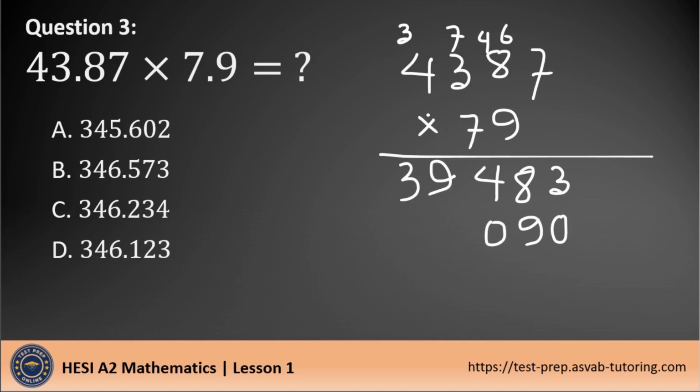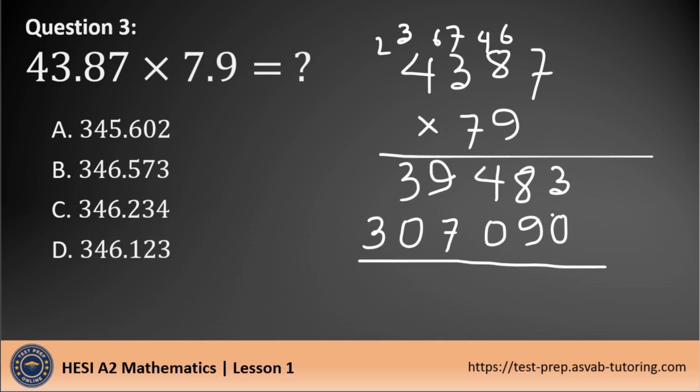Here the 0 comes and 6 is a carry for the next digit. 7 times 3 equals 21 plus carry 6 equals 27. Here the 7 comes and 2 is a carry for the next digit. Now 7 times 4 equals 28 plus 2 equals 30. Here we will write down 30.